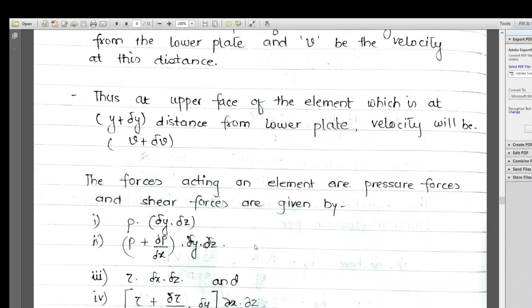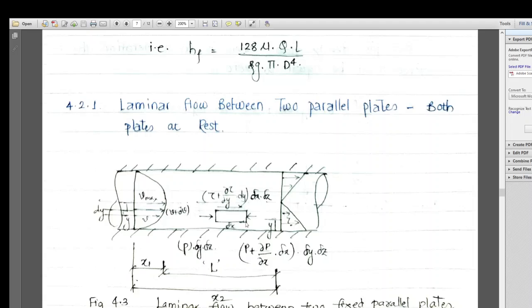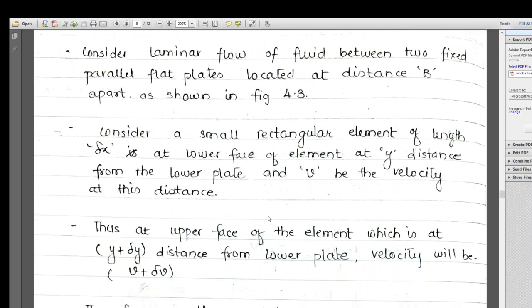These are the pressure forces and the shear forces that are acting on this small element.